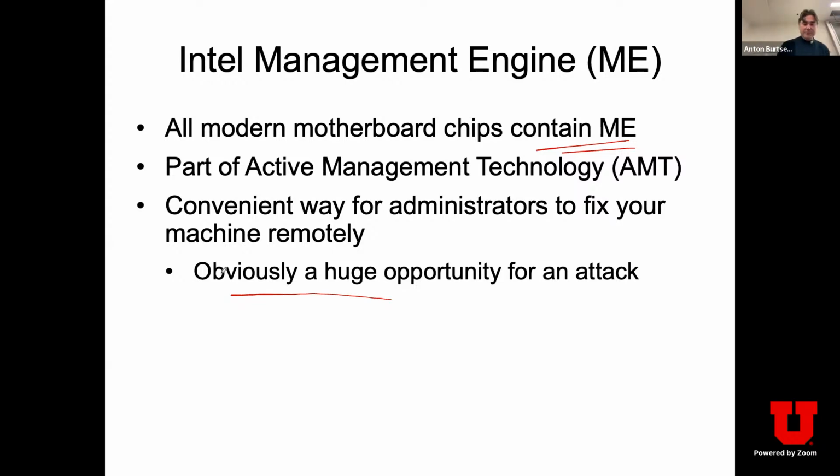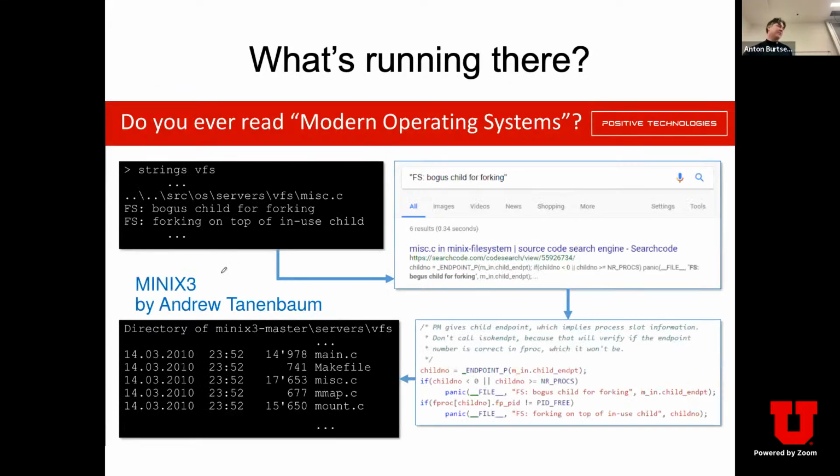For many years, this technology was somewhat in the shade. People knew about it, but no one really knew what was running there. Then maybe around 5 years ago, security researchers got to a point where they found that the whole software stack is heavily encrypted, so there is still no access to the real code which runs on the Intel management engine.